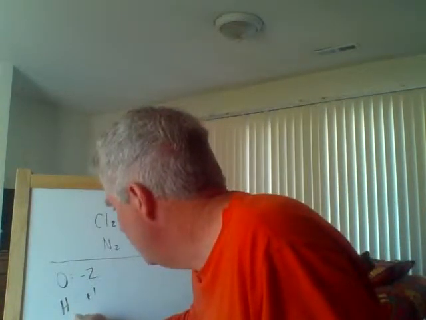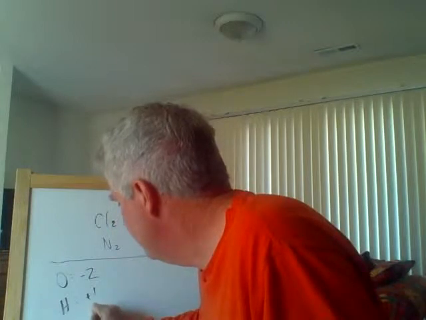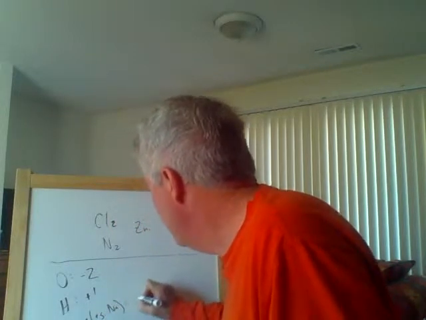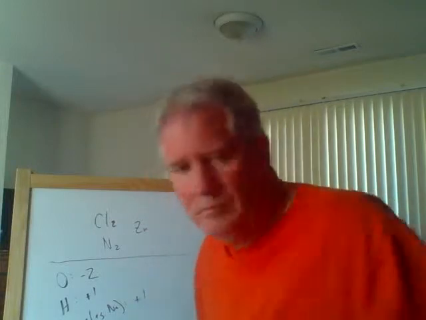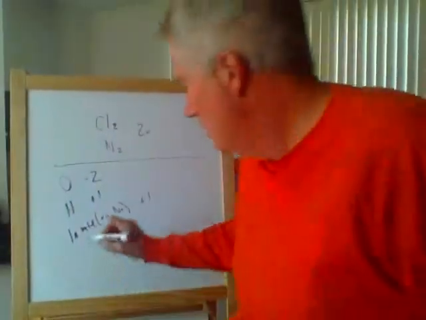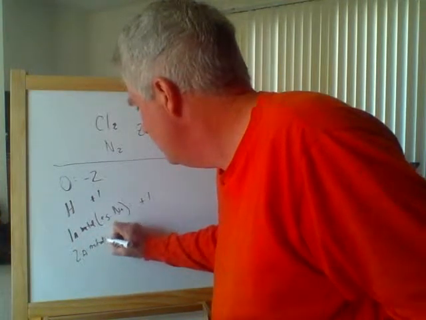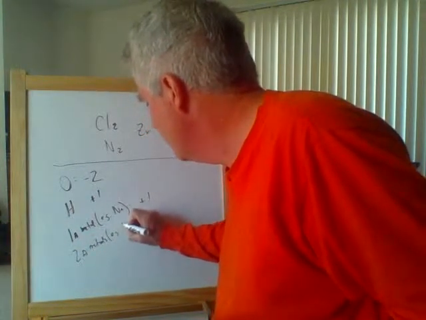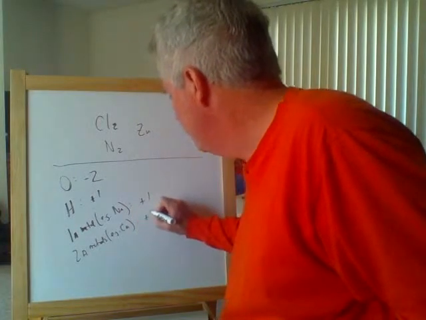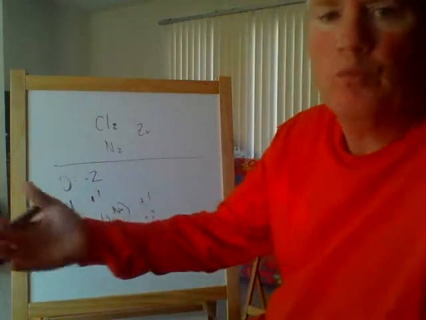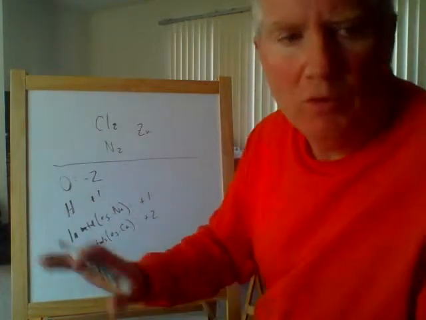So that's basically the 1A metals. For example, sodium. They're always +1. The 2A metals, for example, calcium, are always +2. Okay, and then it goes on to cover some other rules, and I won't draw those right now.